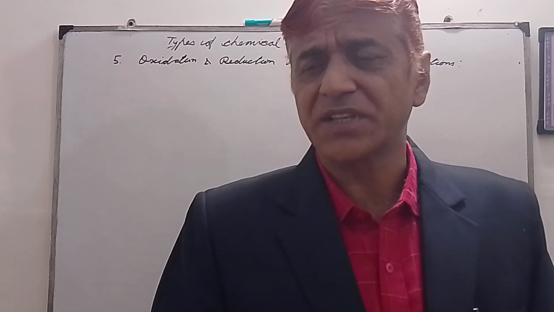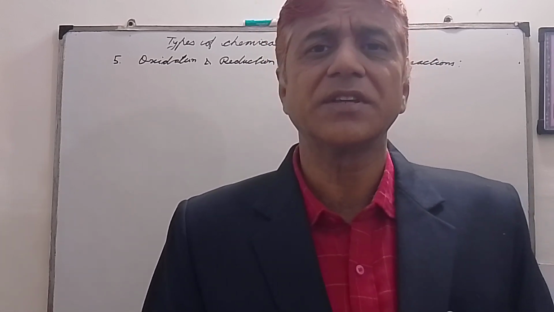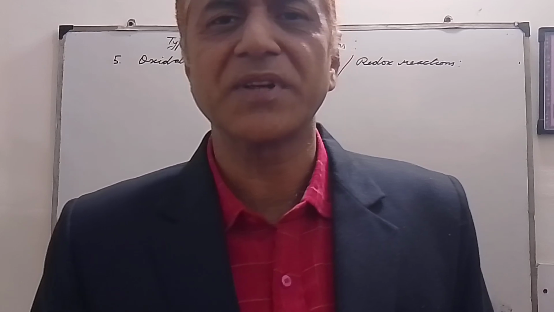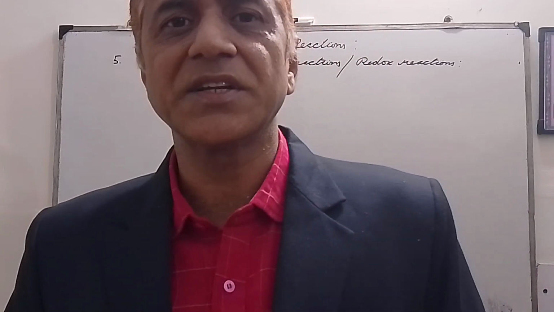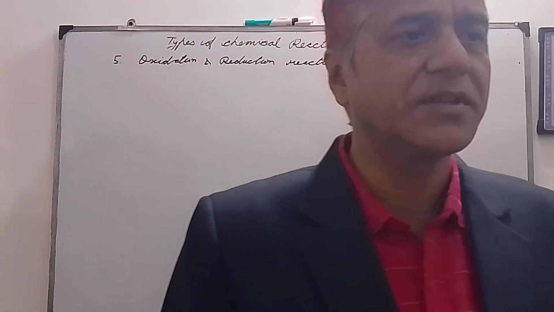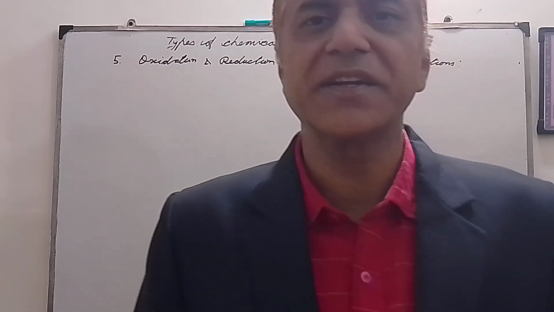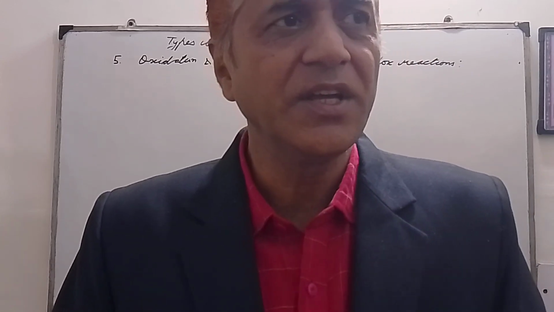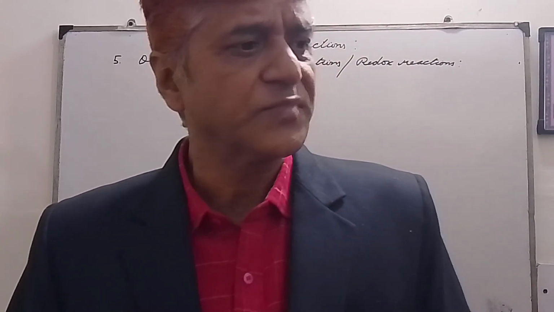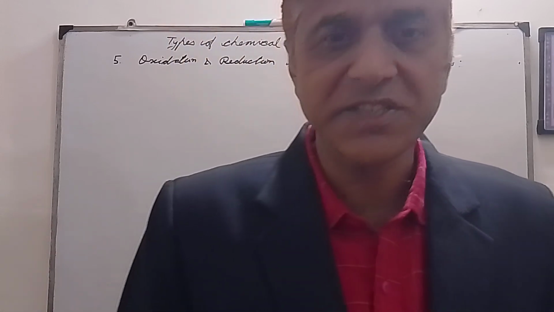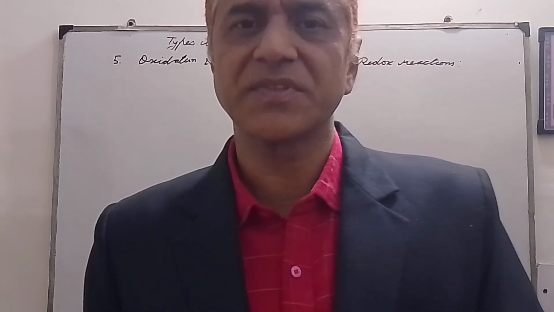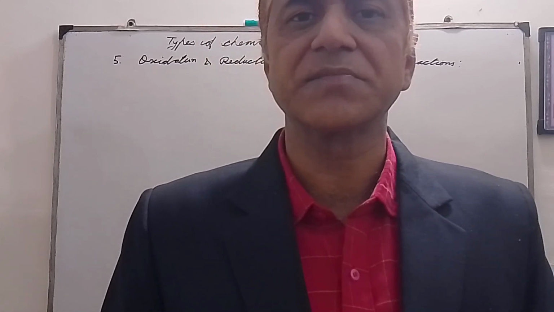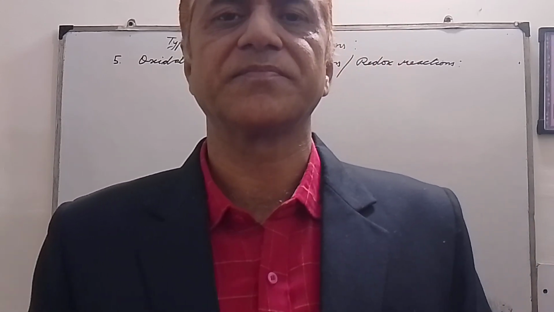So my dear students, let's have a quick recapitulation of the work which we have done in our last video. In the last video we had studied the difference between single displacement and double displacement reactions. In single displacement reactions, the more reactive metal displaces the less reactive metal and takes its position.